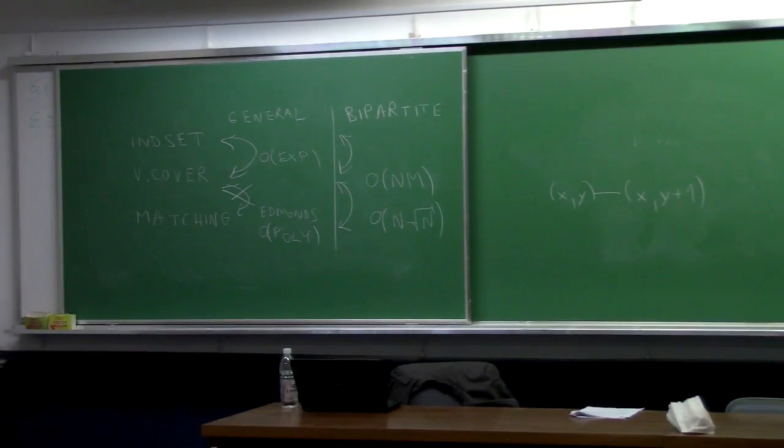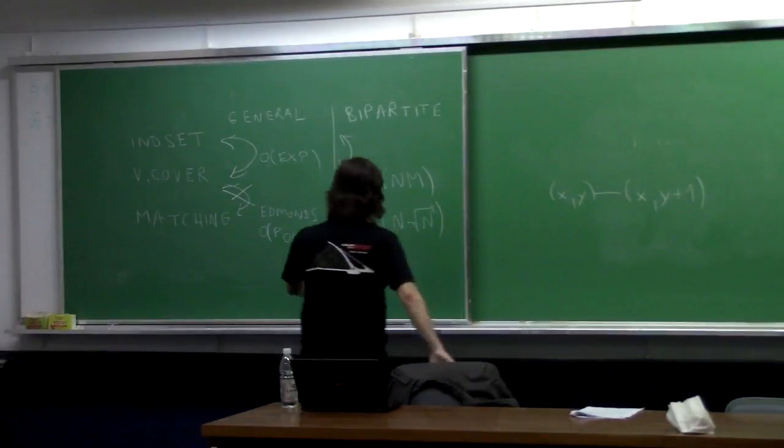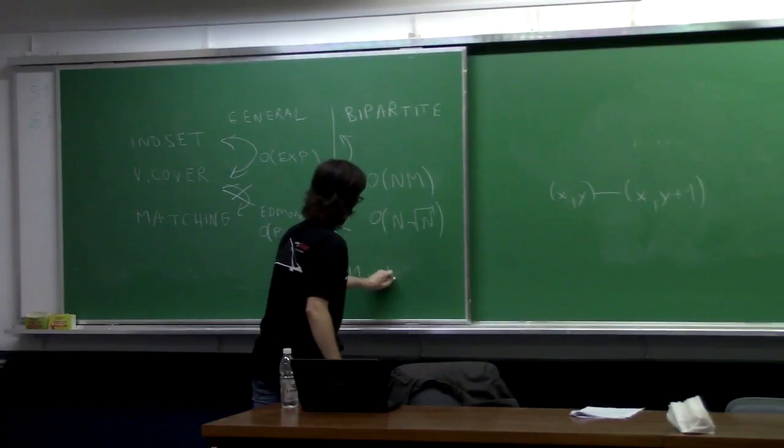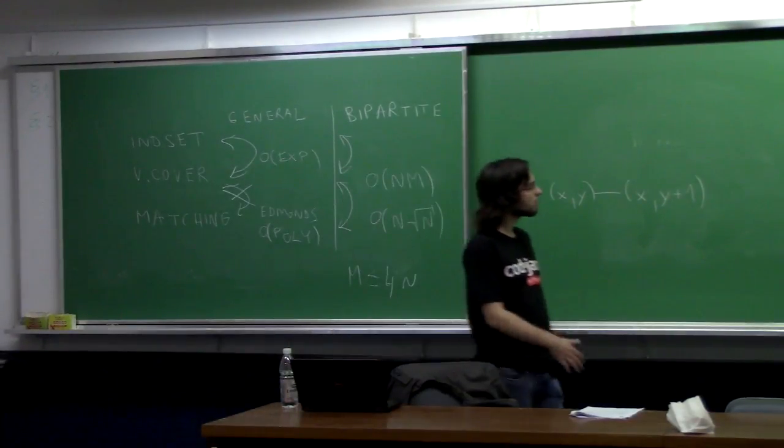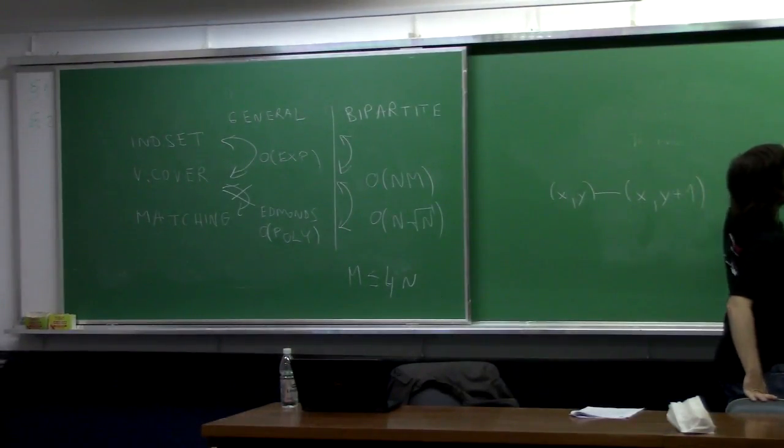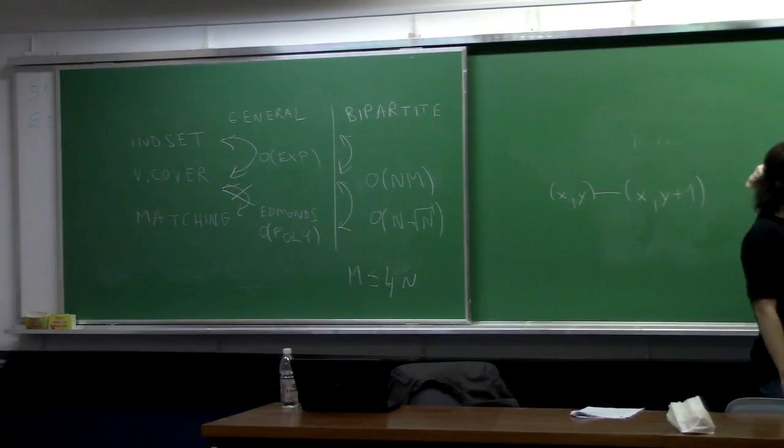And of course, since each edge can only be between 2 adjacent points, and each point only has 4 adjacent points, then the maximum number of edges from any vertex in this bipartite graph is up to 4. So M is really up to 4n, where n is the number of vertices in this graph.